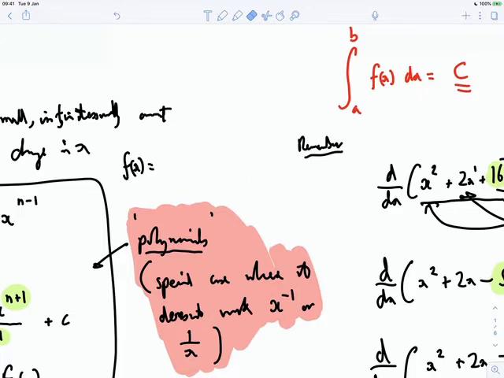Essentially I can include anything of the form a constant times x to the power n, where n belongs to the set of real numbers, that's fine, but we can't let n equal minus 1.